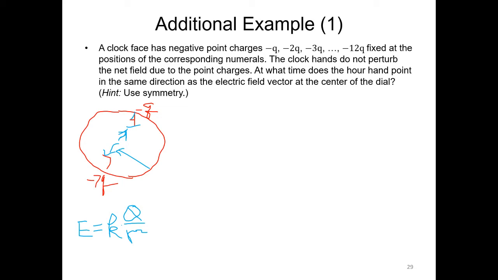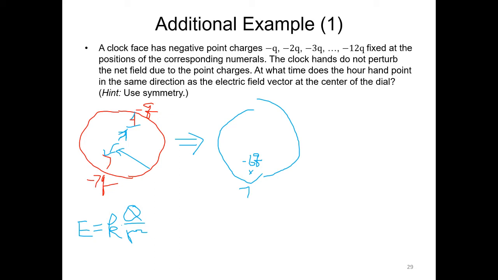So you can imagine it is equivalent to only having -6Q at the number 7, right? And for 2 and 8 it is the same case. 2Q minus 2Q can be cancelled.